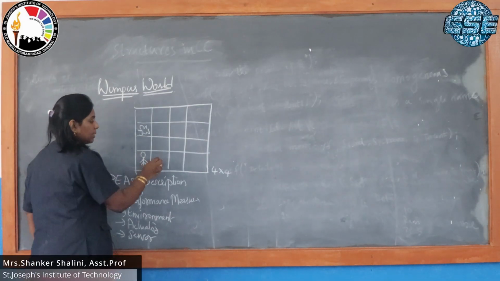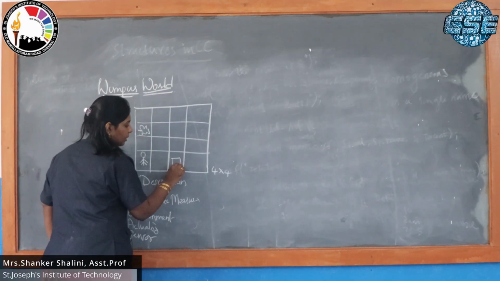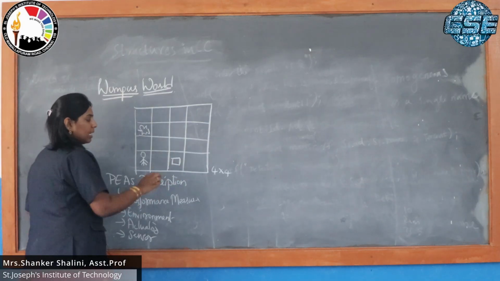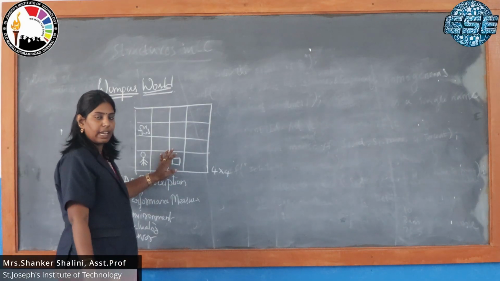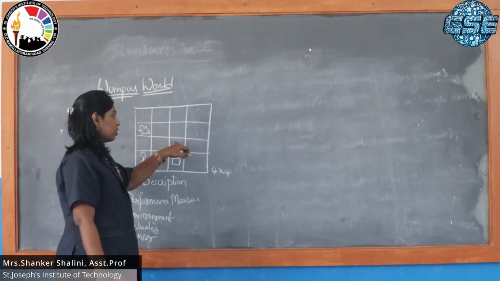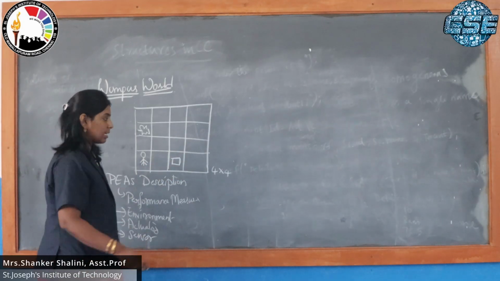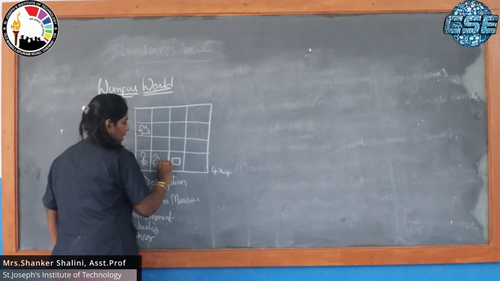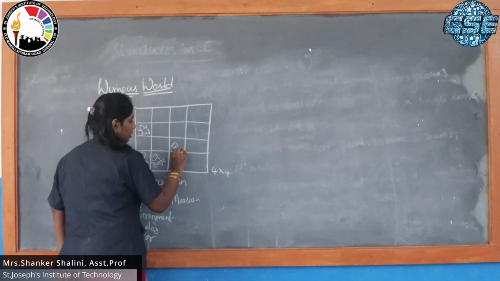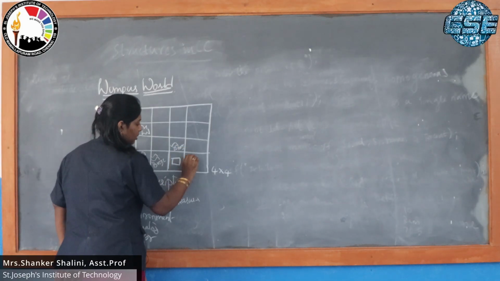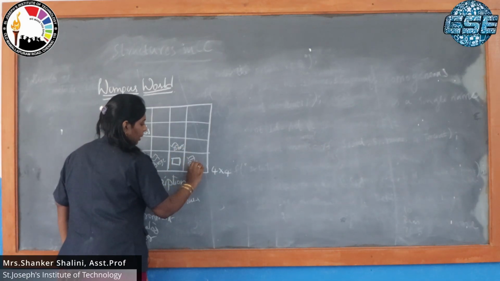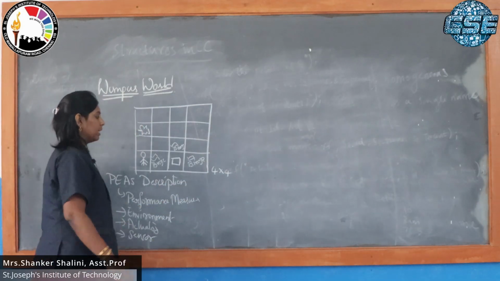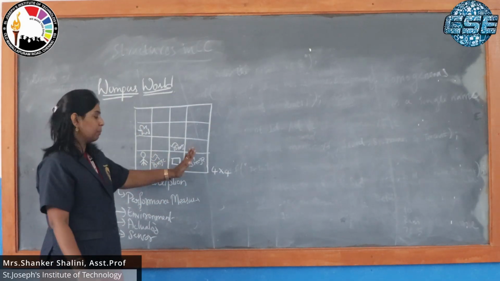One more thing is, there is a pit. There will be a pit inside any one of the blocks. Adjacent to the pit, there will be a sensor called a breeze. There will be a breeze. So, 90 degrees to the pit there will be a breeze.